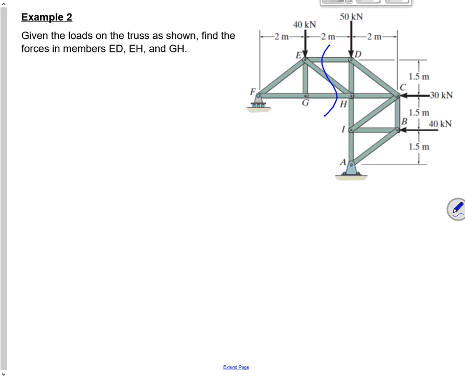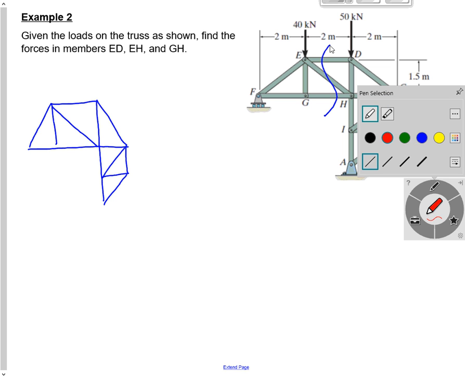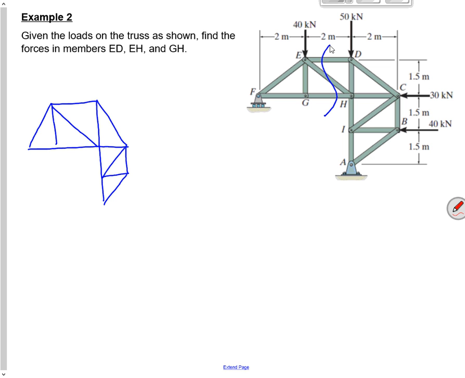So what does the free body diagram look like? Let's see if I can draw this thing. Here's the left hand, or the top, and then this. That's kind of sort of what it looks like. So now what forces are applied? There's a reaction support there.